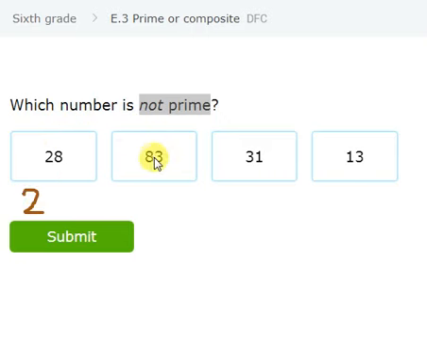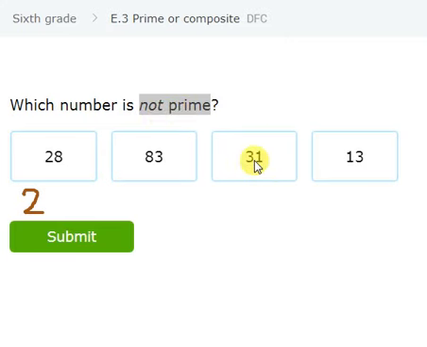If you look at this number and apply the divisibility of 2, this is not a multiple of 2. If you apply the divisibility of 3, then you would know that this is not a multiple of 3 also, and this is not a multiple of 5. That means this is not a multiple of any number, right? So this is a prime number, and we are looking for not prime, right?